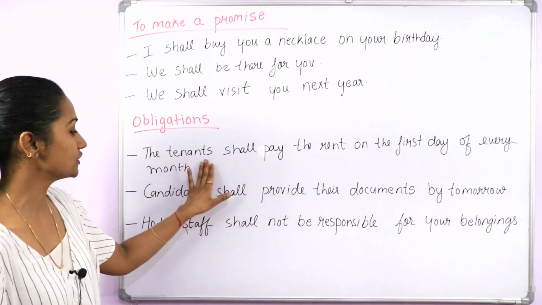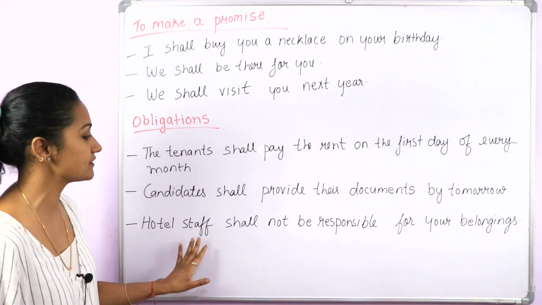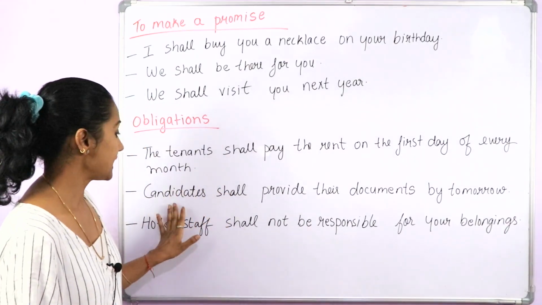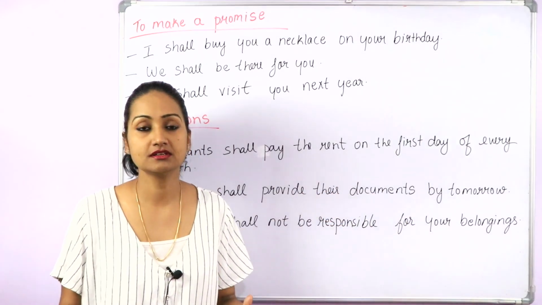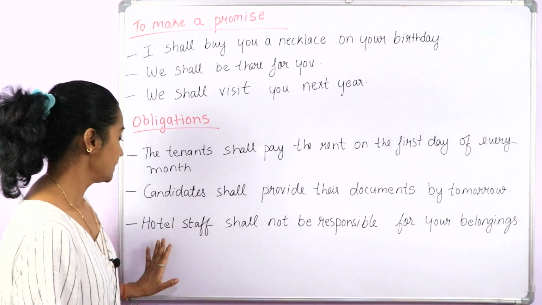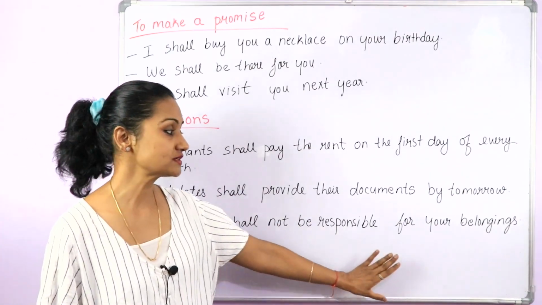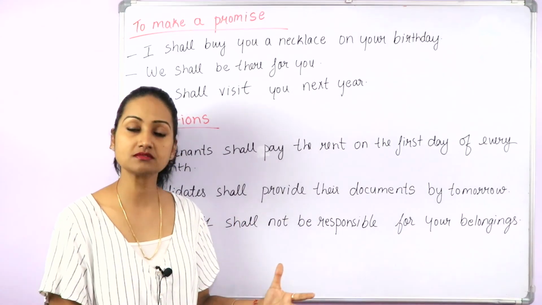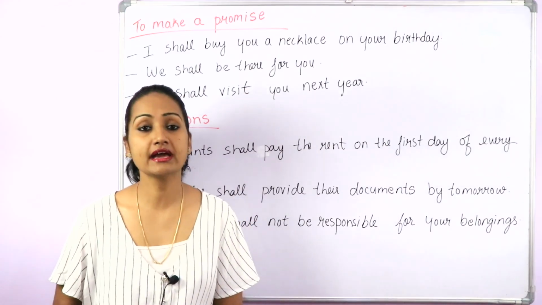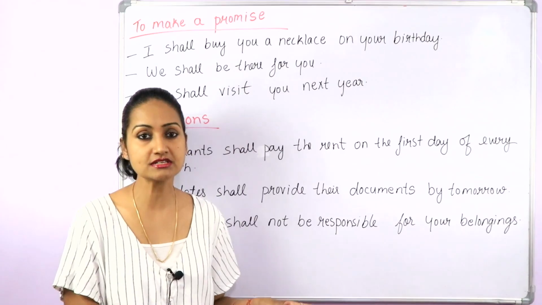So here tenants, third person, candidates, hotel staff, third person. Candidates shall provide their documents by tomorrow. It's their duty, it's their commitment. Hotel staff shall not be responsible for your belongings. So whenever you have this situation and there is an obligation, you can use shall with third person.